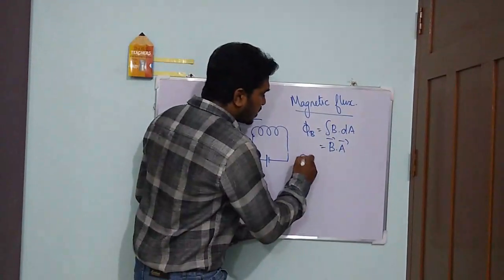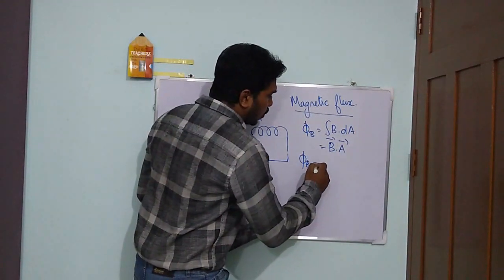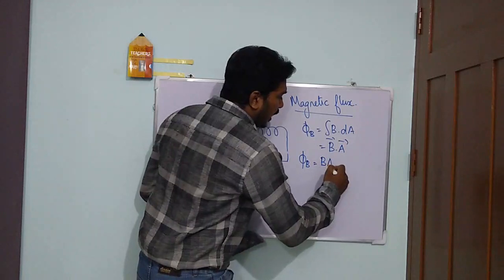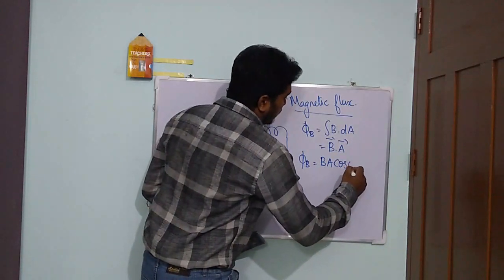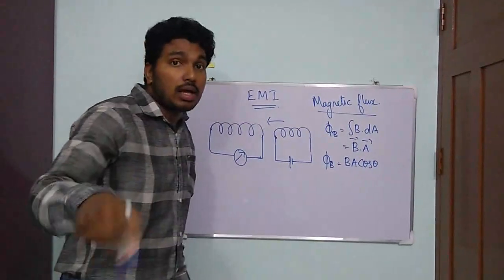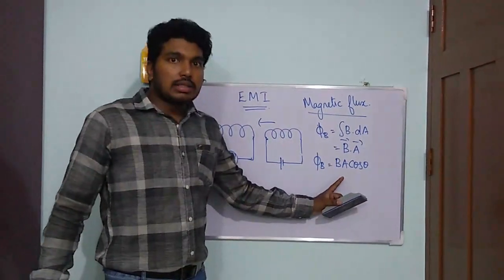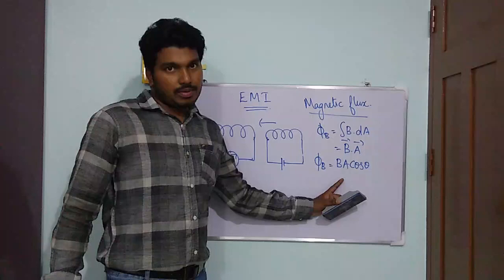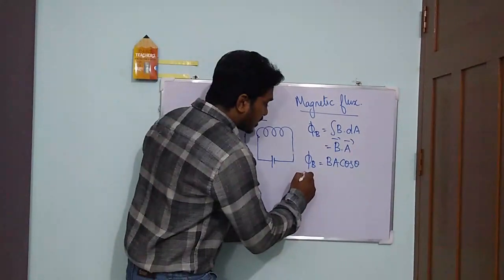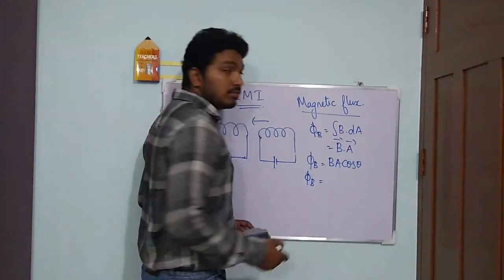You can actually expand this and write it as phi b is equal to BA cos theta. Now what is theta? Theta is the angle between the area vector and the magnetic field. So if flux has to be maximum, what should be the value of theta?